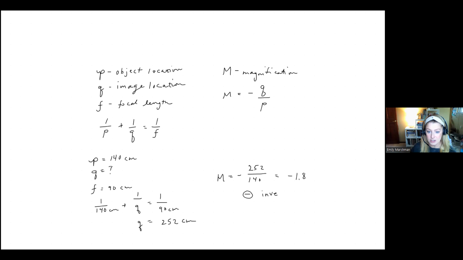So the image is going to appear upside down. And it's a value of 1.8. So the magnification is larger than 1. So the image is going to look bigger than the actual size of the object. So it's increased in size.